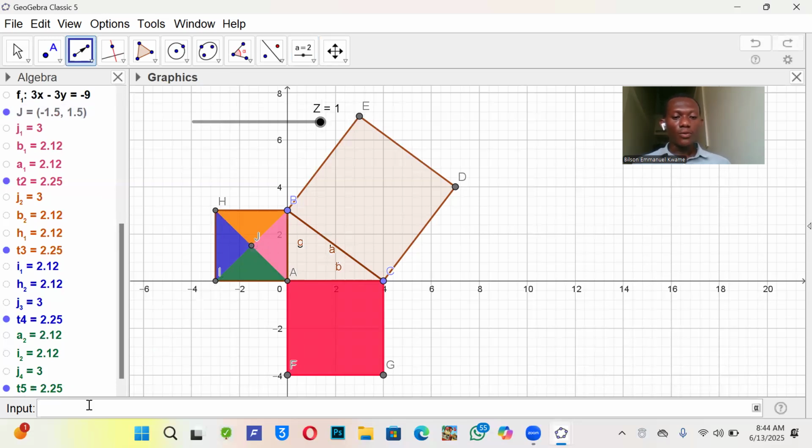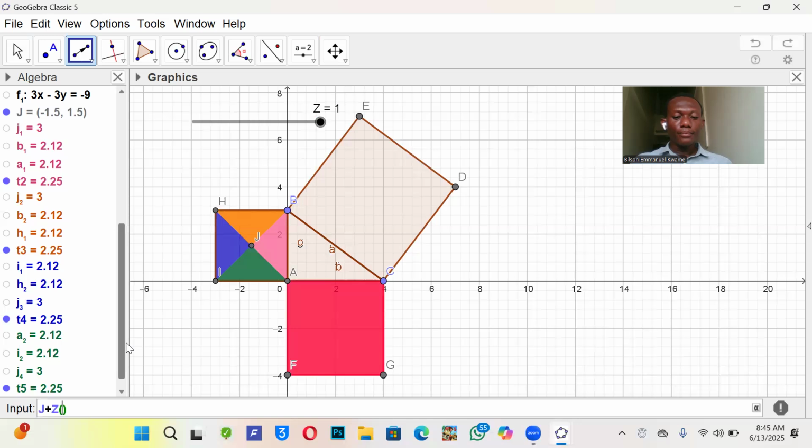Come to the input field and type J plus bracket open Z. The Z means your slider, right? Then you want to move. You remember in vectors, when we say J minus B, it means that I want to move from B to J, right? But if we say B minus J, it means I want to move from J to B. So I want us to move from J towards B.